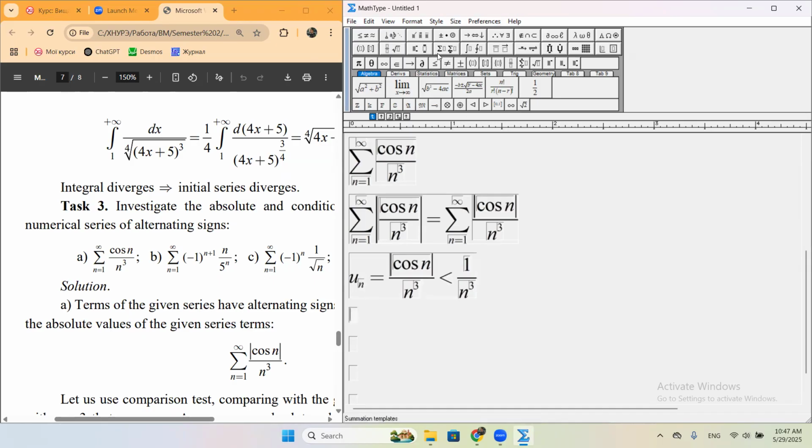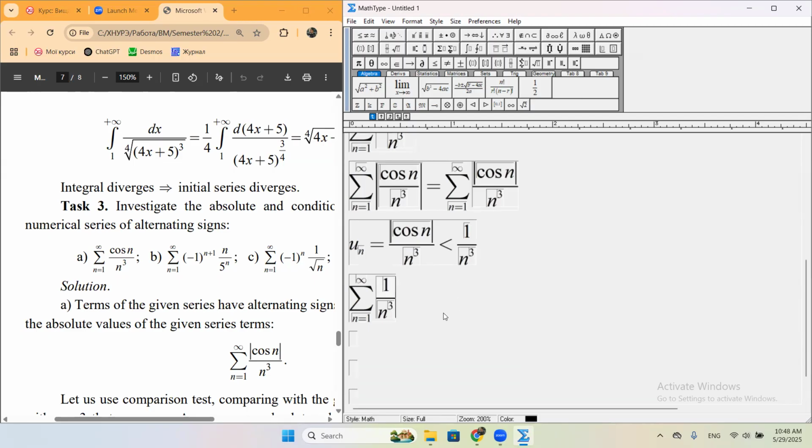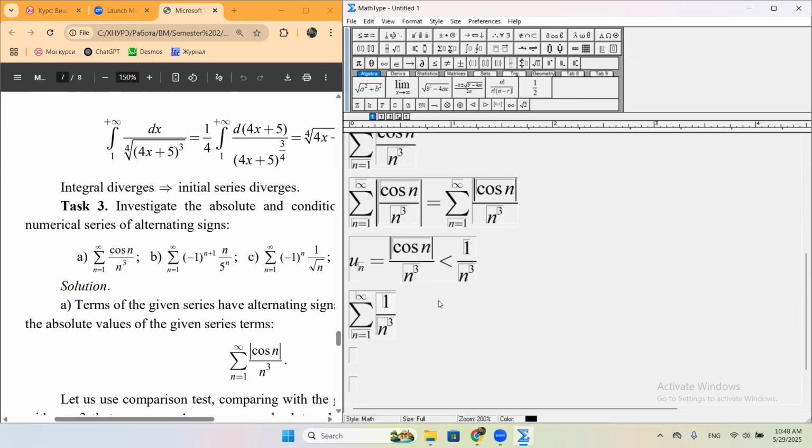And what about the following series, n from 1 to infinity of 1 over n cube? What can we say about it?